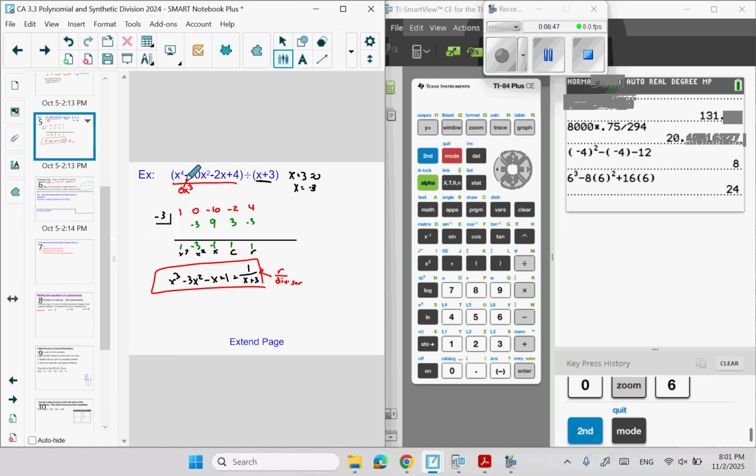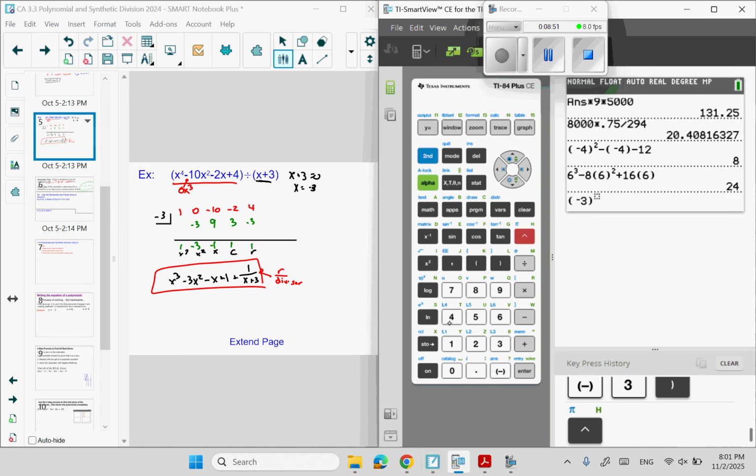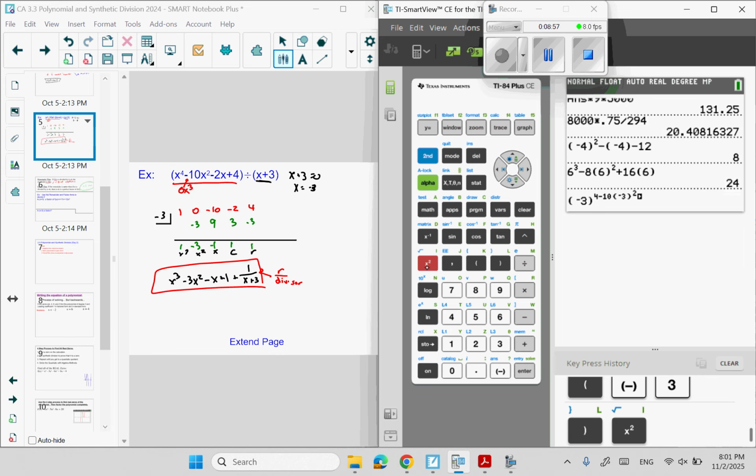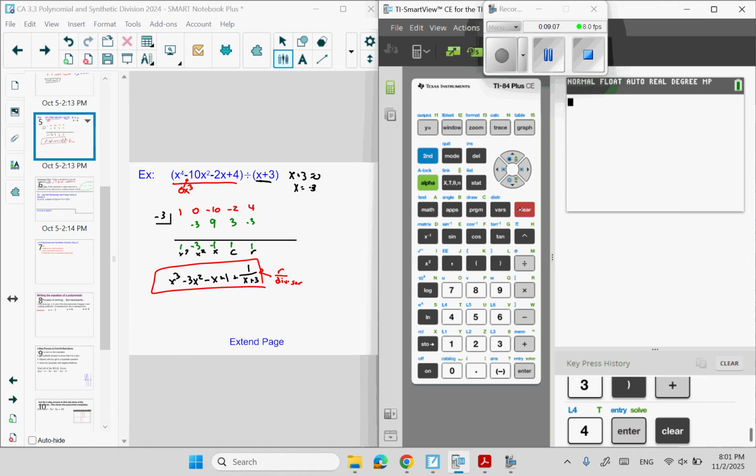negative 3 to the power of 4 minus 10 times negative 3 squared minus 2 times negative 3 plus 4. I should end up with exactly 1. Oh, I ended up with all of that in the exponent. I forgot to change it out. My bad.